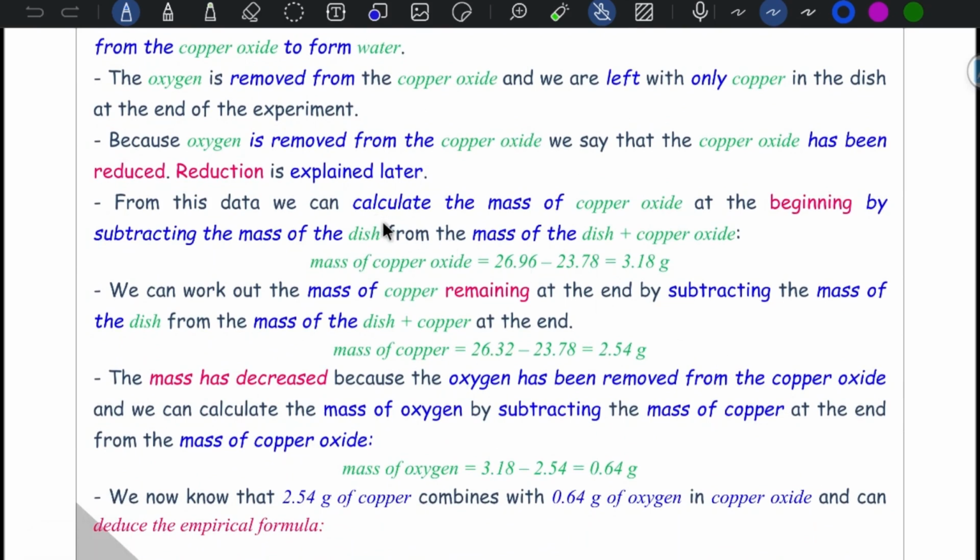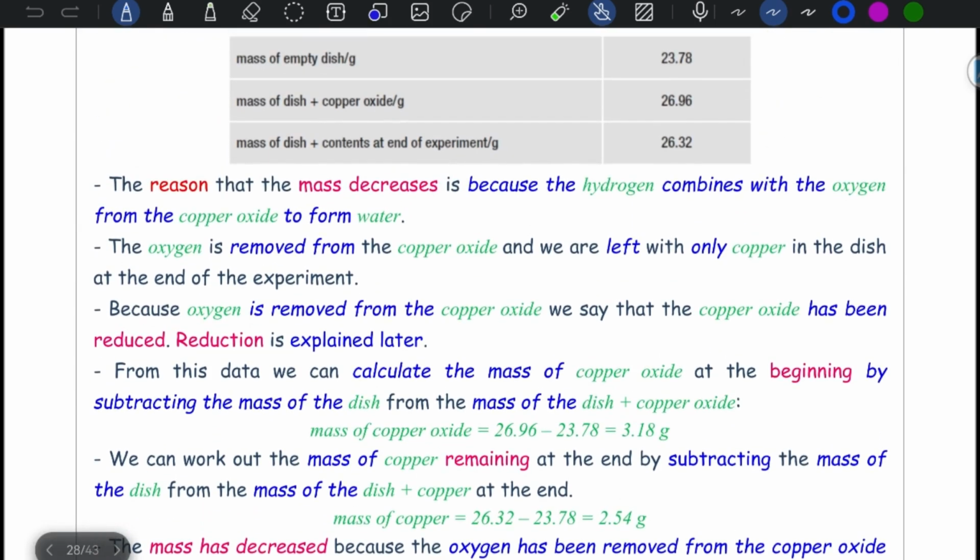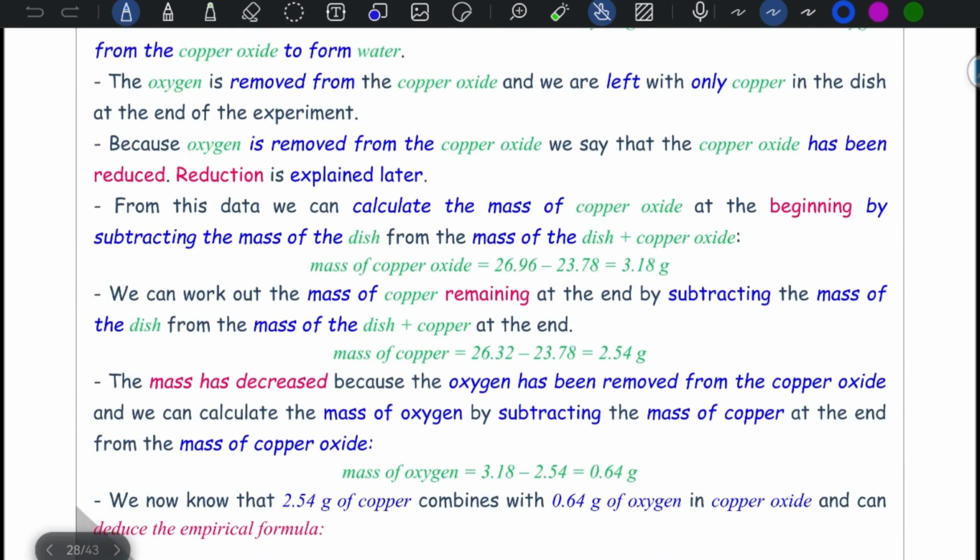From this data, we can calculate the mass of copper oxide at the beginning by subtracting the mass of the dish from the mass of the dish plus copper oxide. Now we have the mass of copper oxide. We can also work out the mass of copper remaining at the end by subtracting the dish mass from 26.32, which gives the mass of copper. Subtracting the two masses gives the mass of oxygen removed.